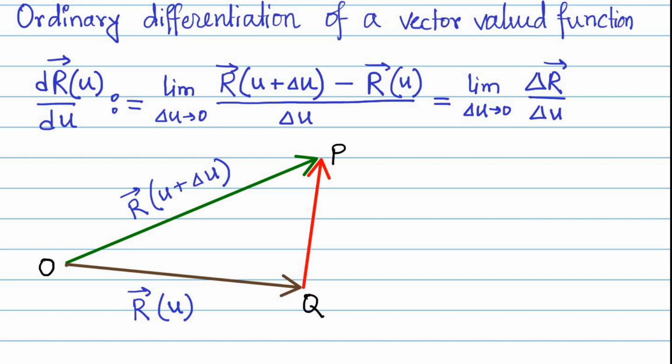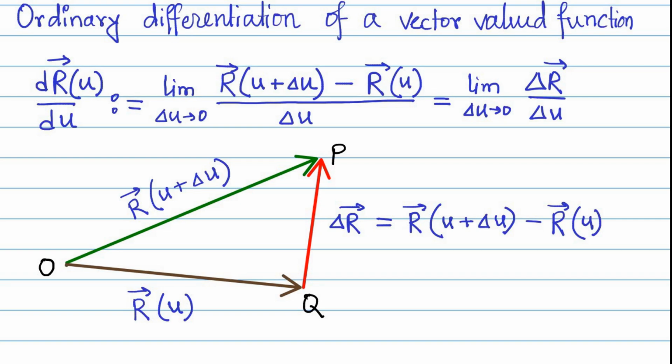And if you take the difference between these two vectors, you find delta r, which is again another vector, because if you subtract one vector from another, you get a third vector, which is simply the difference between the previous two vectors, namely the final vector r of u plus delta u, minus r of u. Well, the u shouldn't have an arrow over it. Sorry for that minor mistake. And that should be the diagram.